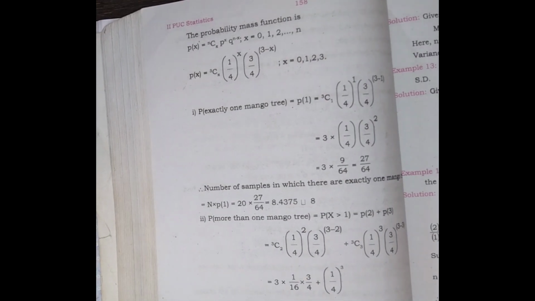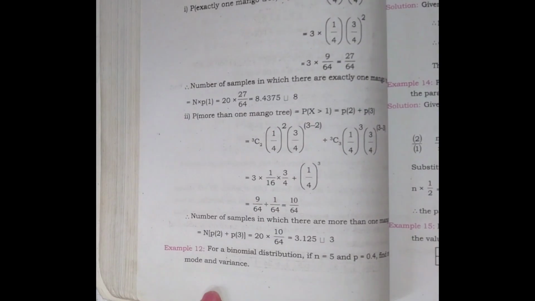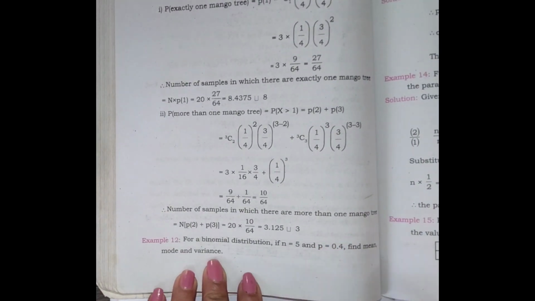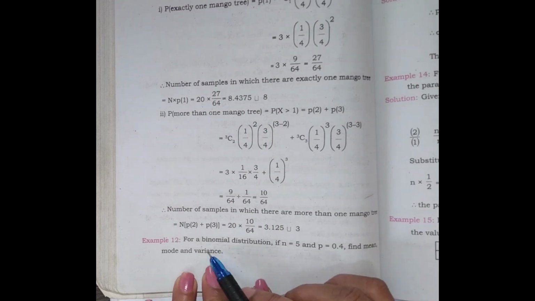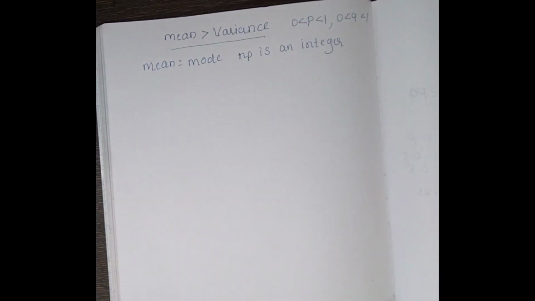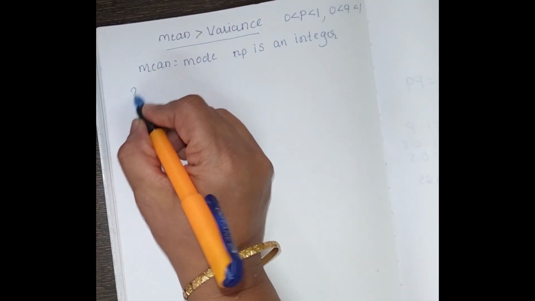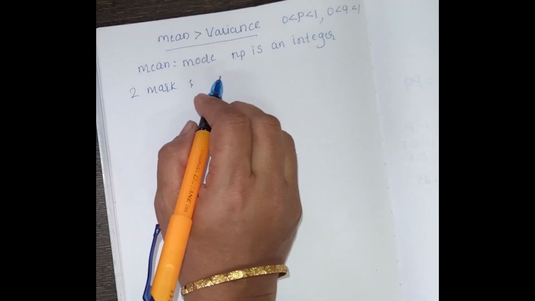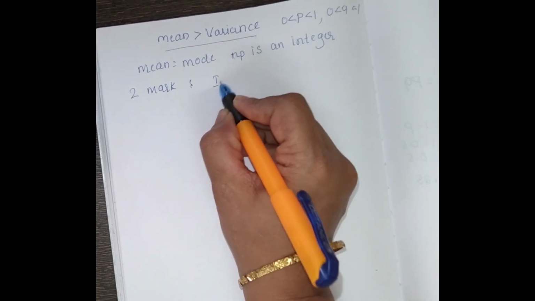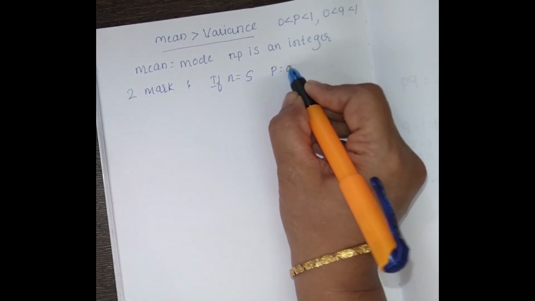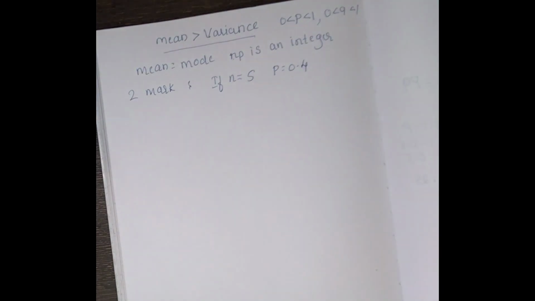Observe the question. For a binomial distribution, if n is equal to 5 and p is equal to 0.4, find mean, mode and variance.